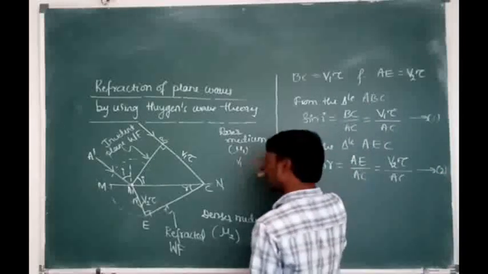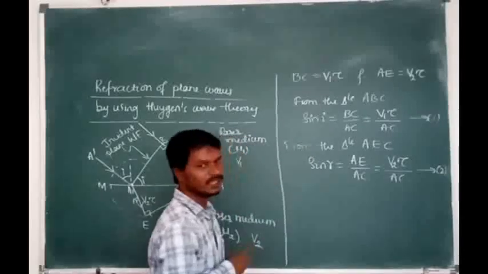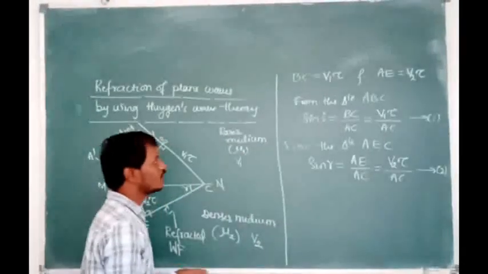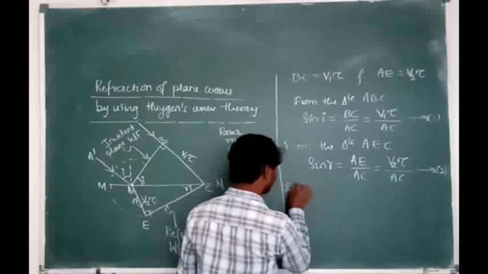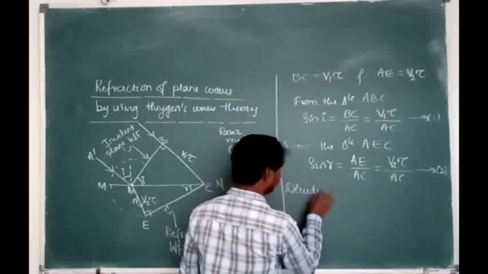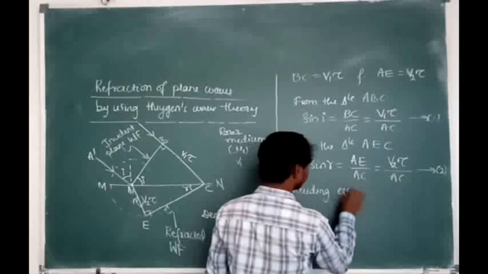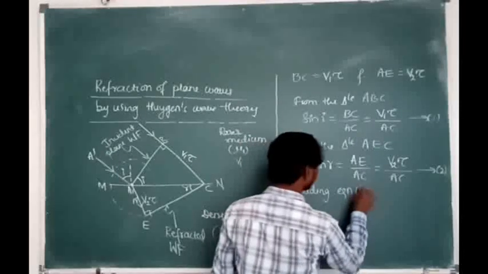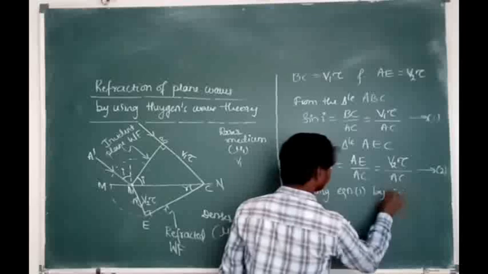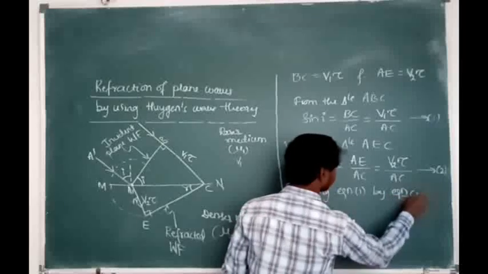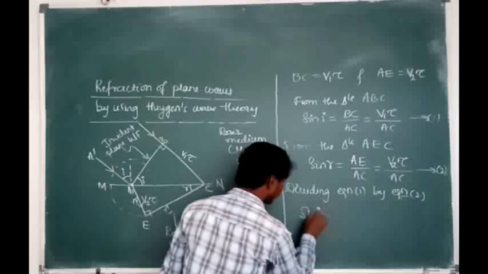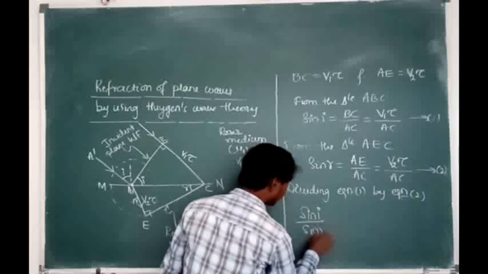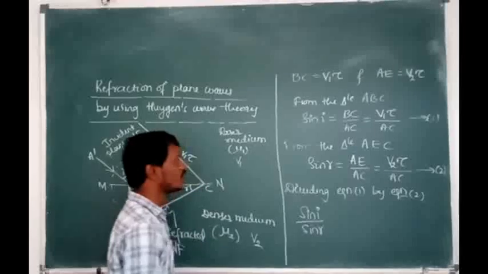Dividing equation 1 by equation 2, we will get Snell's law. Then we get sin i divided by sin r, the left hand side of equation 1 divided by the left hand side of equation 2.